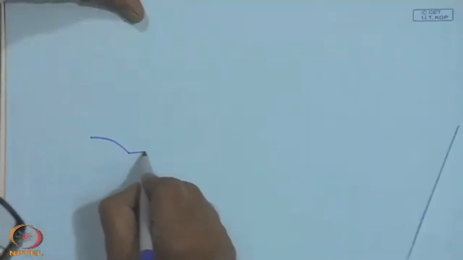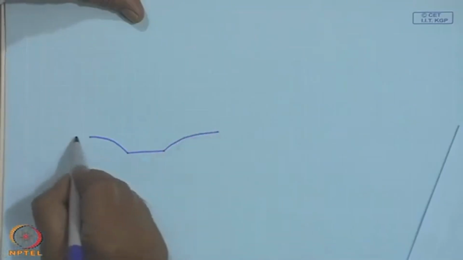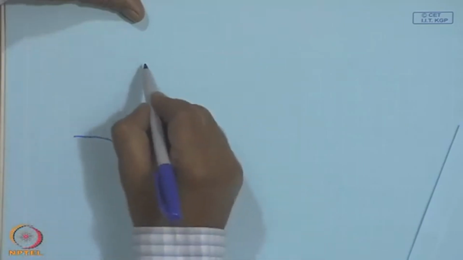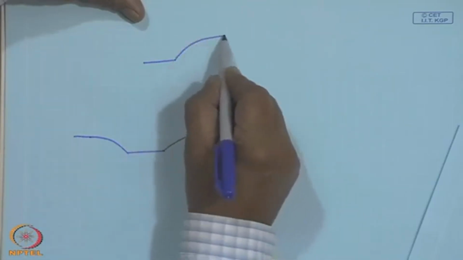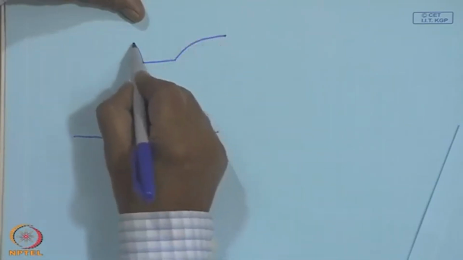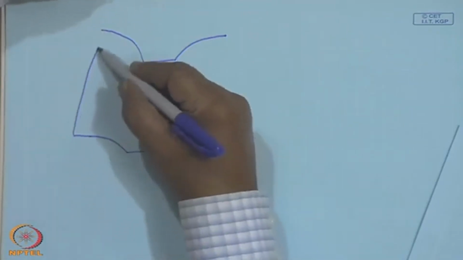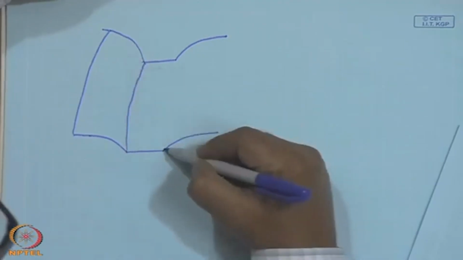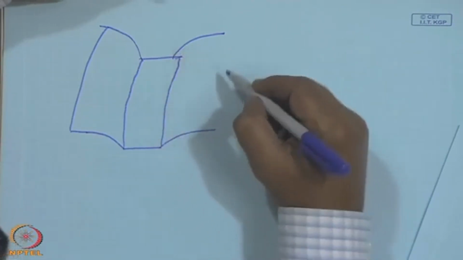If I take this picture, and if I go in the direction of x, so this will be increasing like this as I go along L, because it is gaining temperature.